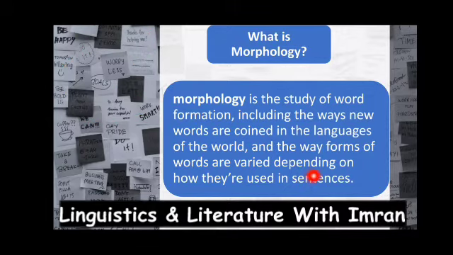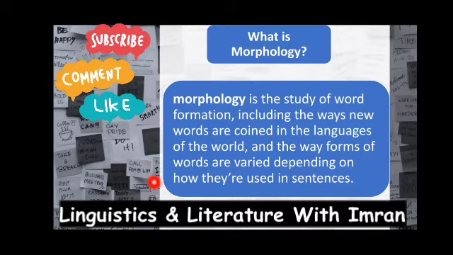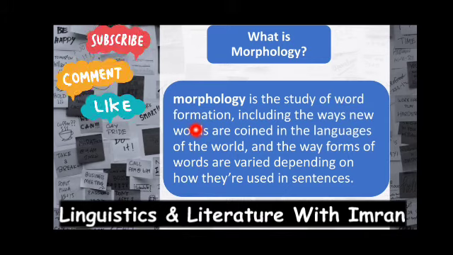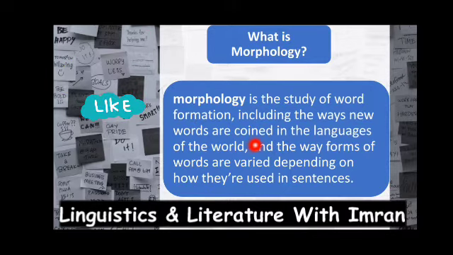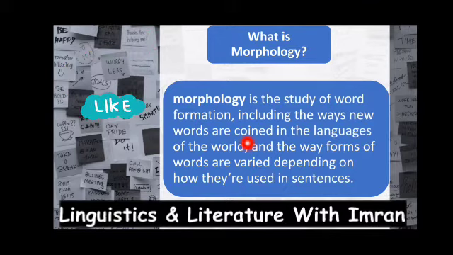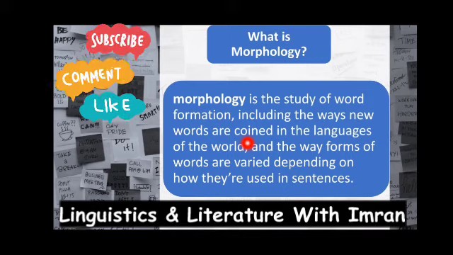So this definition has three parts. First says how words are formed in a language, the word formation process. Second, how new words are coined in a language. This is the second part, because with technological advancement and the passage of time, new words emerge in a language, right, in the dictionary.